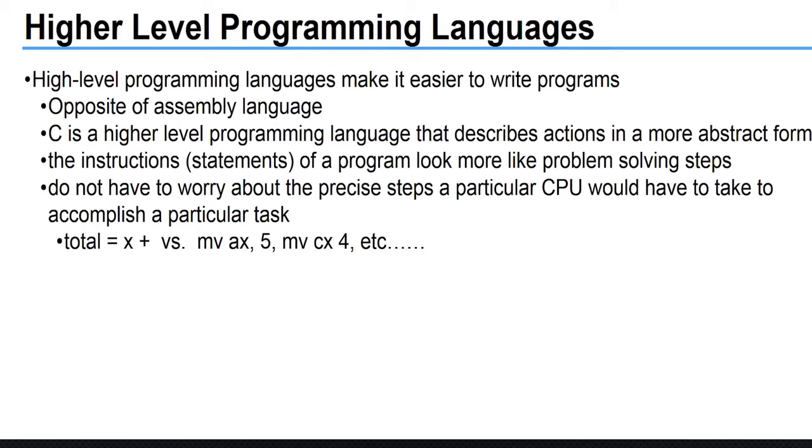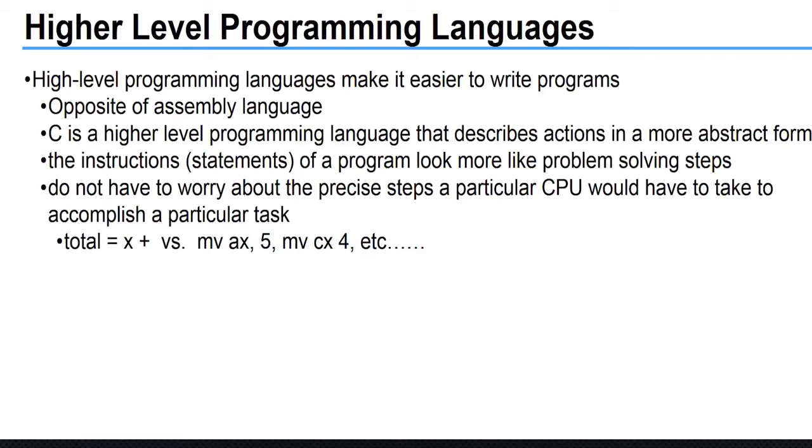C is a higher level programming language that describes actions in a more abstract form. It looks mostly like English. The instructions of a program look more like problem solving steps.